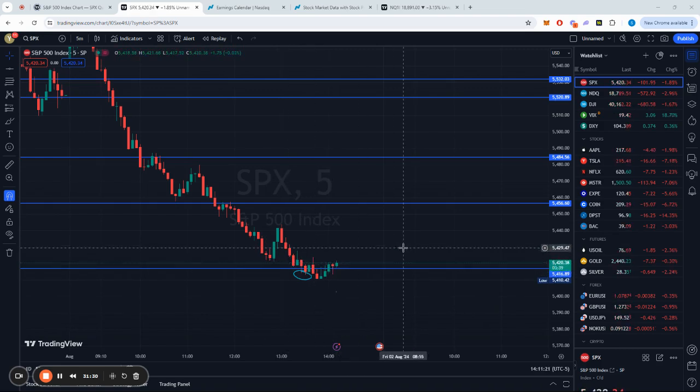Lots of conflict. Think of it like a tug of war, between the bears and the bulls. One side will win, one side will break out.